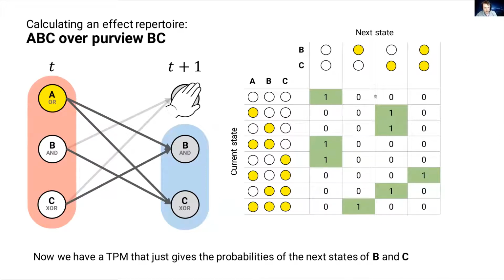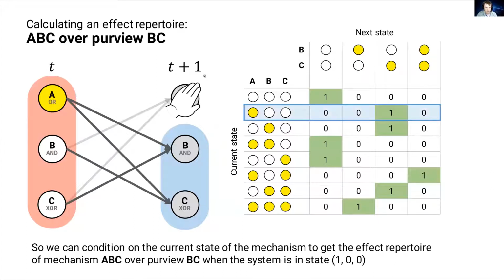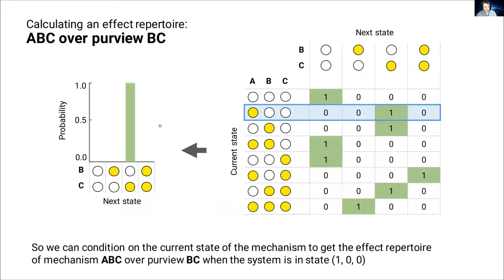And now, once we've marginalized over A, to see what the effect of this mechanism ABC on the purview BC is, we take the row that corresponds to our particular mechanism, and that gives us the effect repertoire for the mechanism ABC over the purview BC. Again, I will just keep going unless people stop me at this stage. Go ahead.